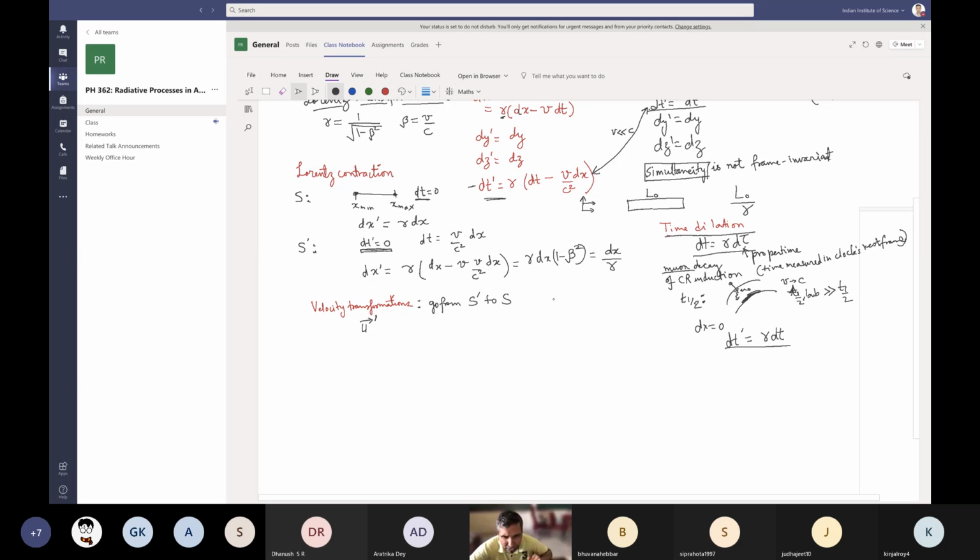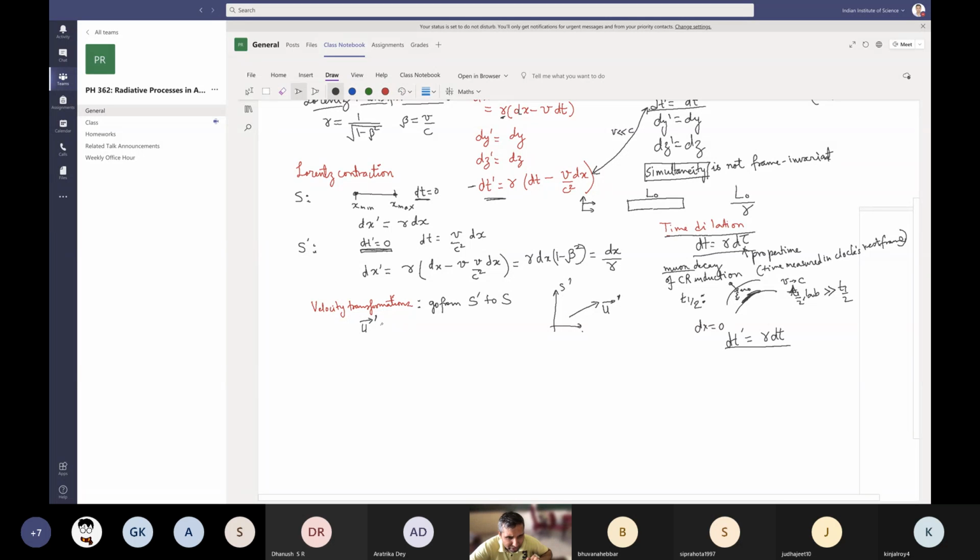So you have this frame S prime, and in this frame you have some particle moving. This is some velocity U prime of some particle in frame S prime.